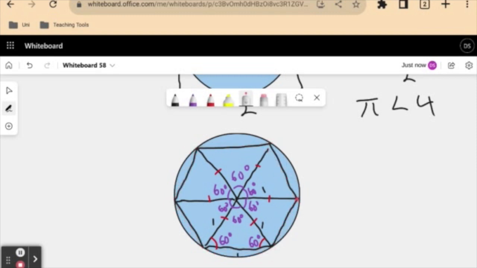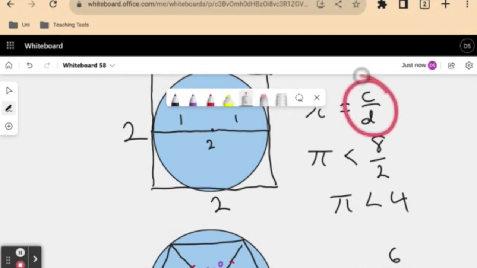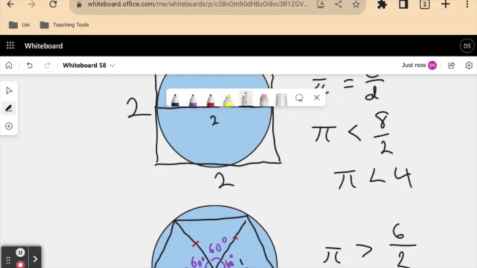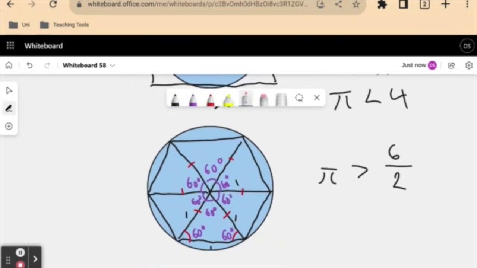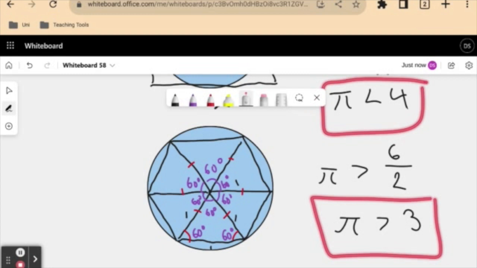So adding all these up, 1, 2, 3, 4, 5, 6, our estimate for pi has to be greater than 6 over 2. Using the same thing we did here, relating our circumference and diameter, the ratio of the circumference to the diameter in this example has to be greater than 3. So we don't know anything about pi yet, but we know that it has to sit between 3 and 4.